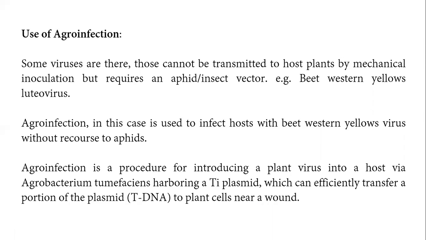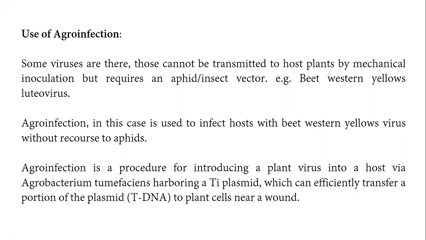Those are responsible for disease symptoms in mustard. And if we use agro infection in this case, the insect host is not required for the transfer of the virus into the plant. So we can easily use this agro infection technique to transfer the gene of interest using a virus, even though this virus needs an insect.